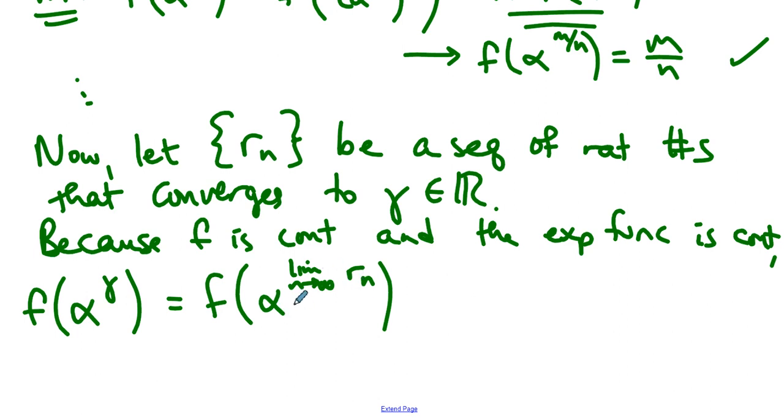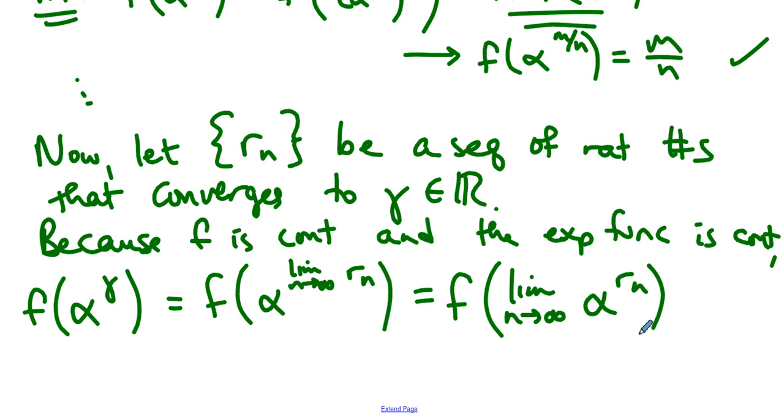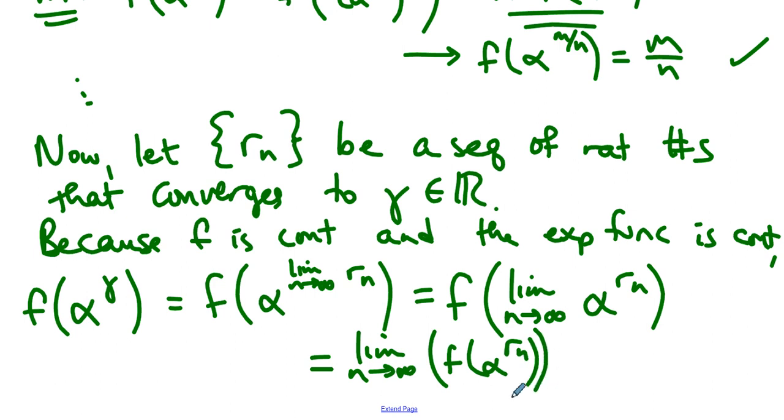But because the exponential function is continuous, we can pull that limit to the front. And because f is continuous, we can pull this limit out. But all of the r sub n's are rational numbers, and we know that rational numbers are okay with this theorem.